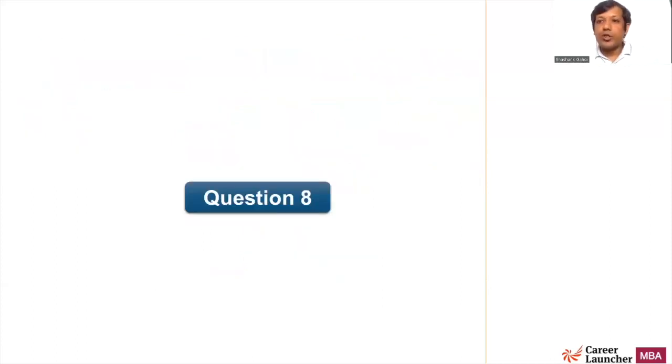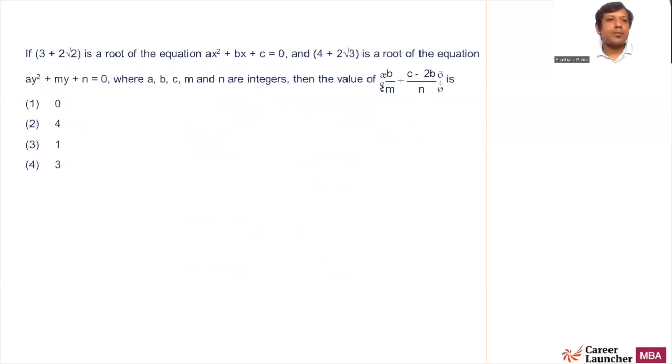Now we are going to look at question number 8. Now I have a quadratic equation, ax square plus bx plus c, and the equation involves b upon m plus c minus 2b upon n.